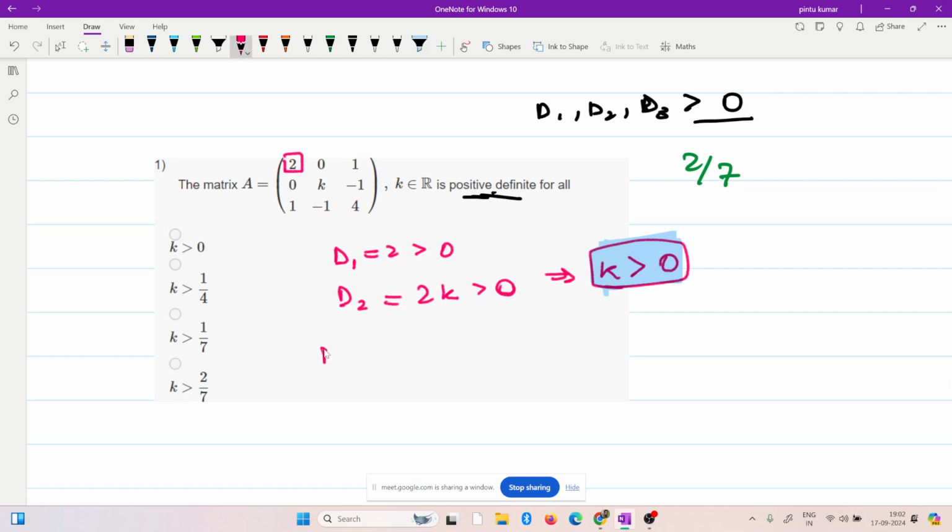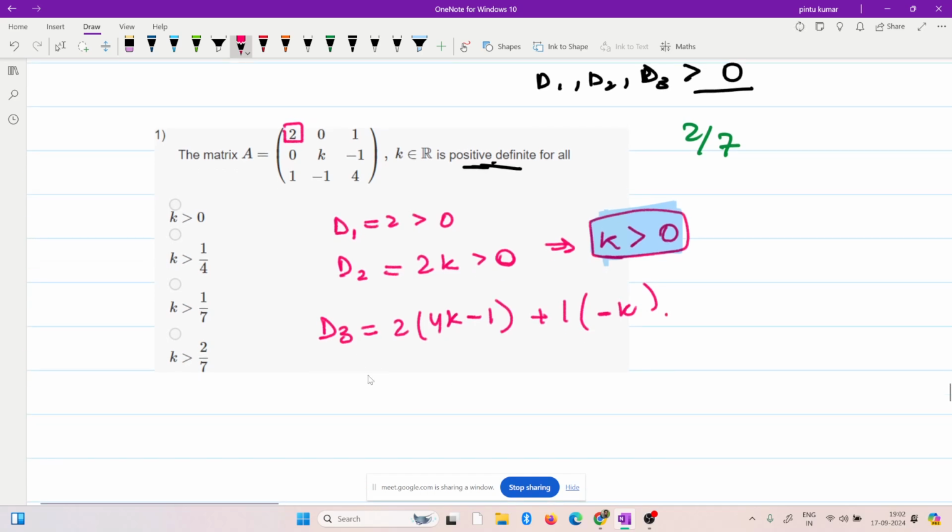Then if you look at D3, you have to now calculate the determinant of this matrix. This is 2 times 4k minus 1, right? And then 1, and this is 0 minus k. I hope I'm doing it correctly.